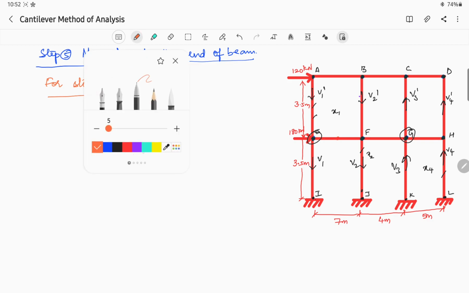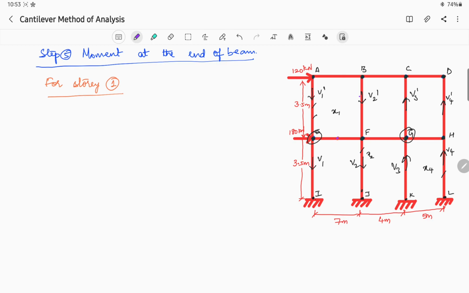Since it is not highlightable, let us take another color, that is this one. So if you see here, this is the point we have, and moment in E to F, moment EF is equal to force in EF, so what is the shear force?